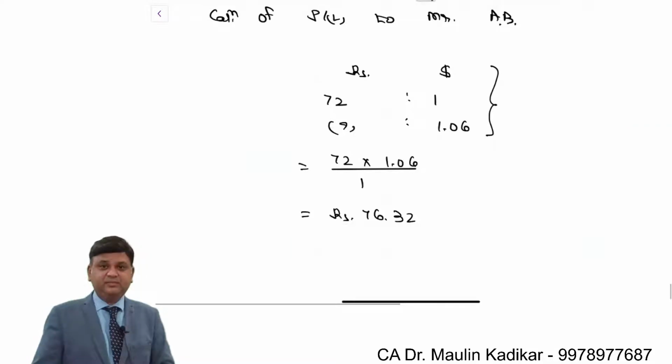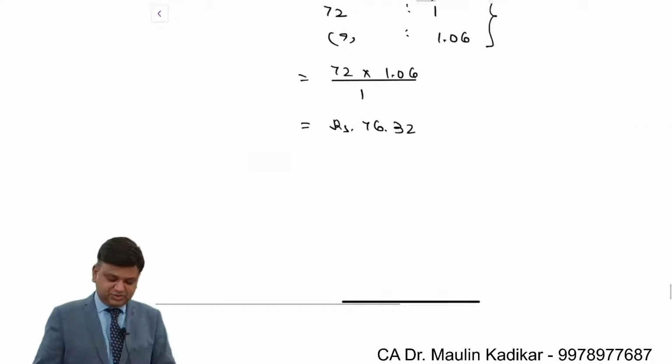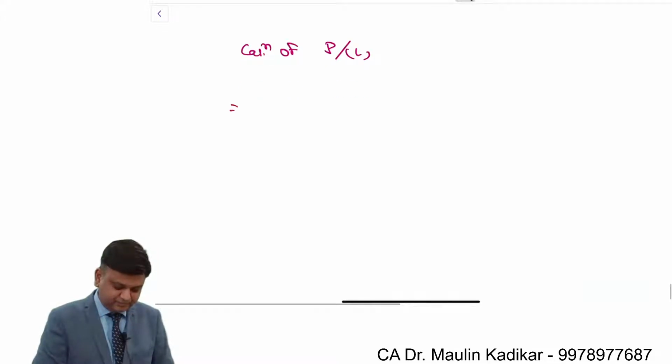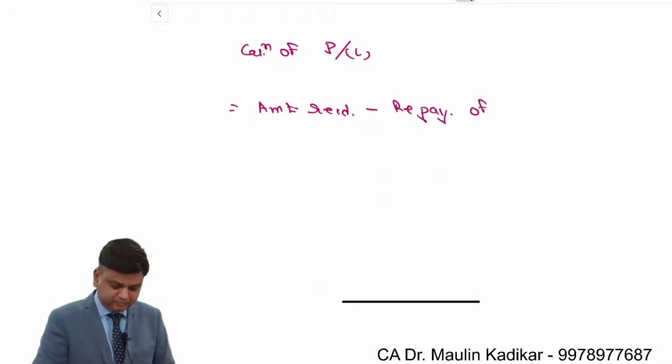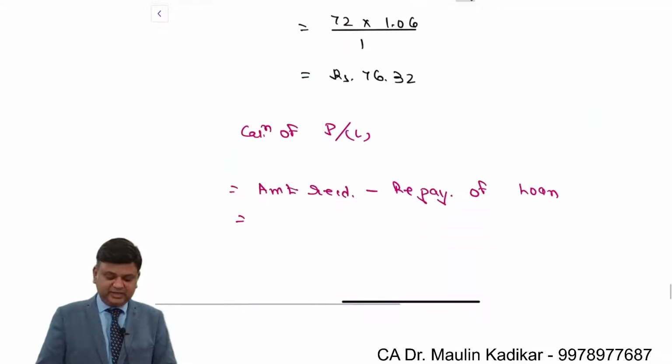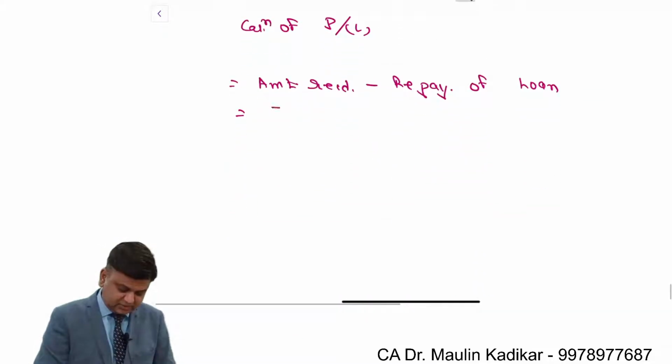And based on that, we will make the computation of the profit or loss. So calculation of the profit or loss. In that, the amount received minus repayment of loan. Dear students, on conversion of the dollar into rupees, you will get 76.32 rupees.